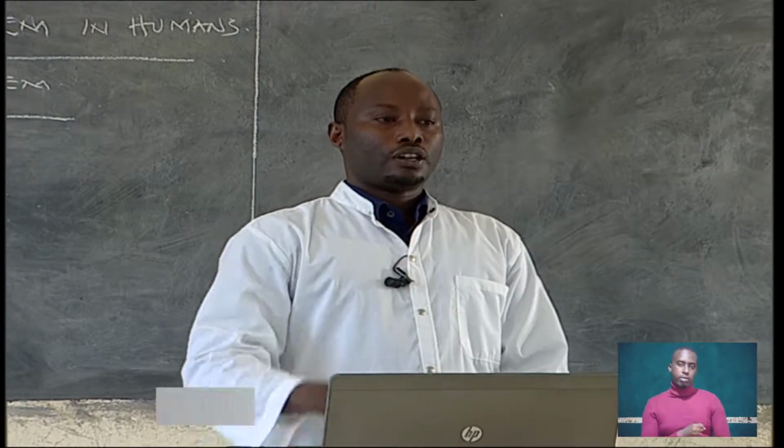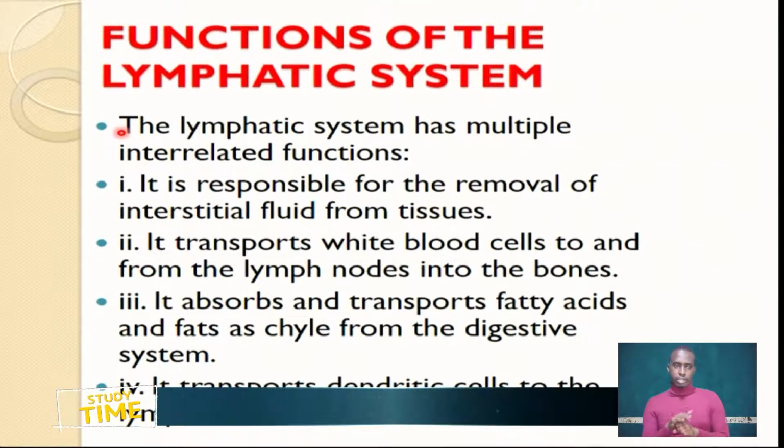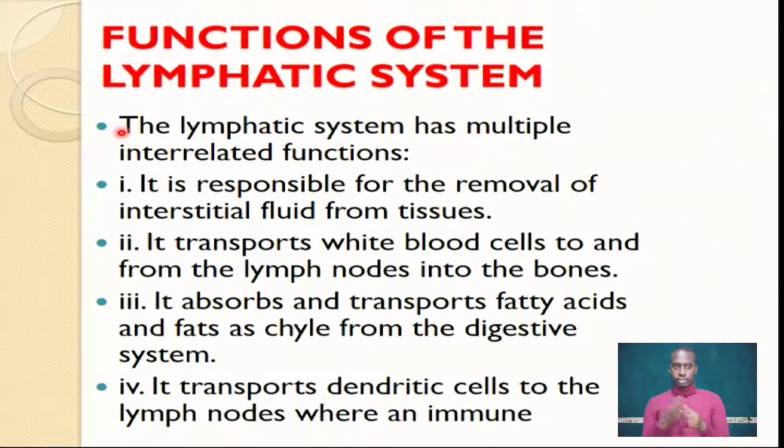So, the function of the lymphatic system. The lymphatic system has multiple interacting functions. One, it is responsible for removing interstitial fluid from the tissues, as I mentioned. It transports white blood cells from lymph nodes into the blood. It also absorbs and transports fats and chyle from the digestive system.